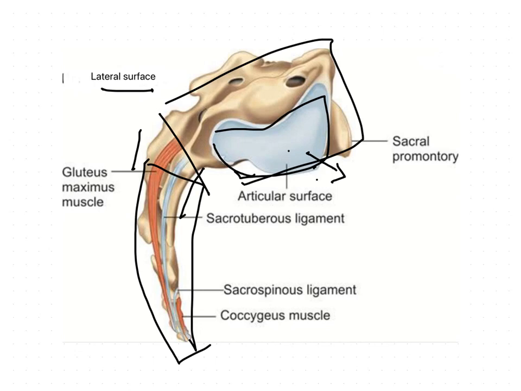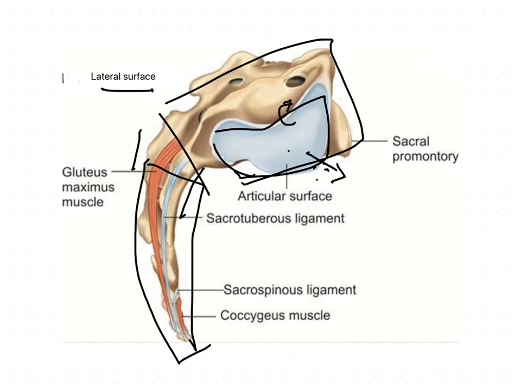Here the transverse processes are not taking part in the formation of this articular surface. Okay. And this articular surface shows some elevations and depressions, and the area behind the surface is rough for ligamentous attachments. This surface is covered by cartilage.